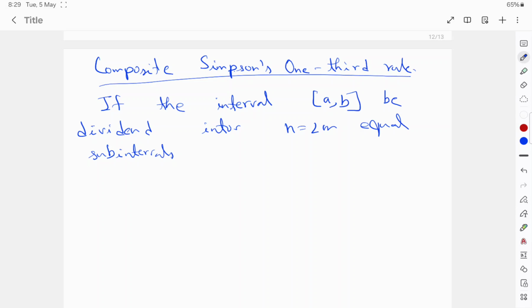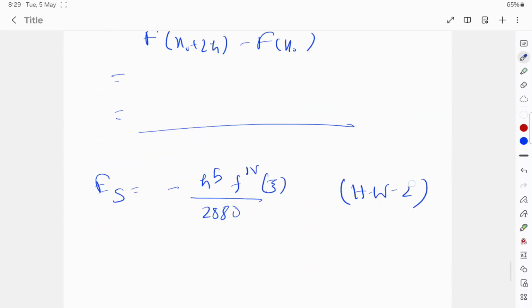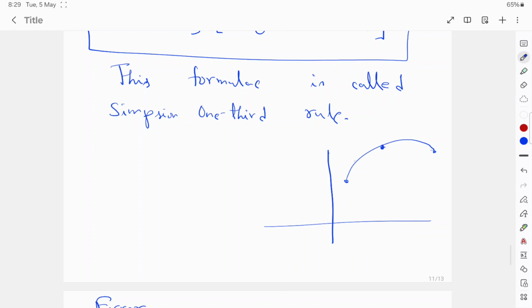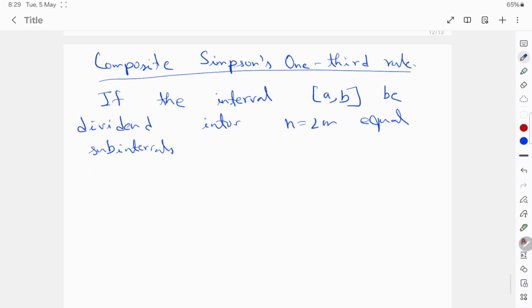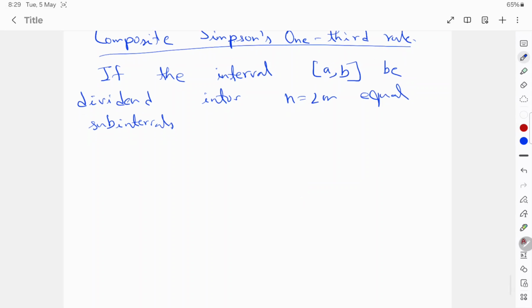That will be actually 2m plus 1 points, right? For example, if you break into 2 sub intervals, there are actually 3 points. Similarly, if you break into 2m parts, there will be 2m plus 1 points.